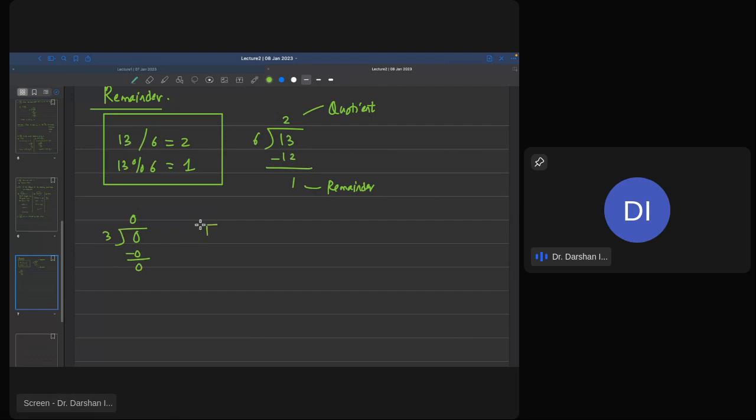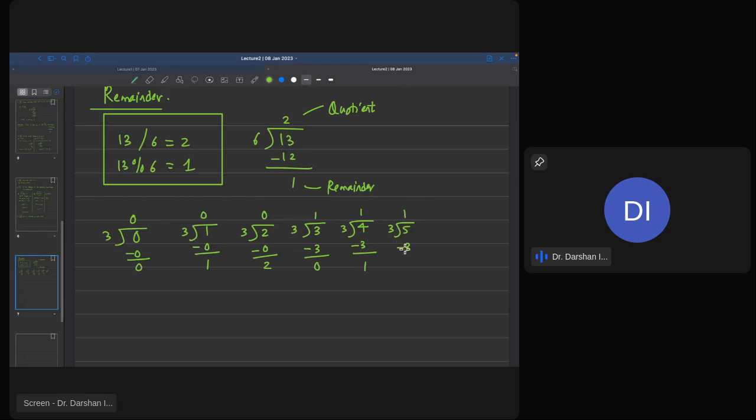If I have 1 divided by 3, 3 zeros are 0, remainder 1. If I have 2 divided by 3, 3 zeros are 0, remainder 2. If I have 3 divided by 3, 3 ones are 3, remainder 0. If I have 4 divided by 3, 3 ones are 3, remainder 1. If I have 5 divided by 3, keep on observing, keep on observing.